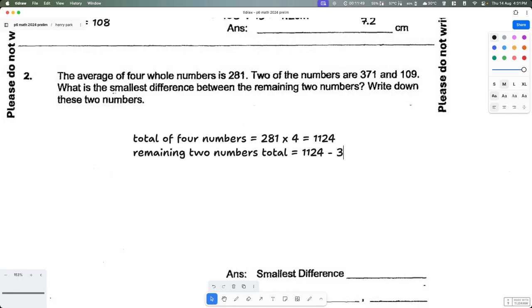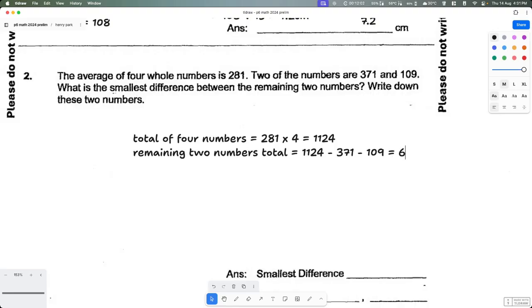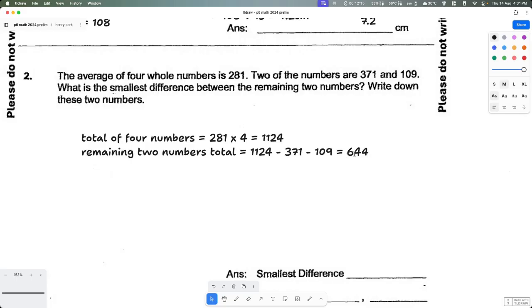Minus 371 minus 109, and this will give us 644. So what is the smallest difference between the remaining two numbers? Let's write down these two numbers over here. The smallest difference can be very, very small.